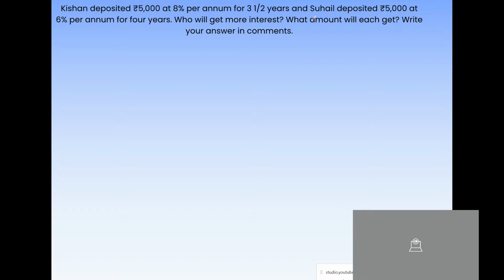So let's start then. Let's first calculate how much amount Kishan will get. So for Kishan, let's calculate. The same formula we will use. Simple interest is PRT over 100, where 100 has come from the rate of interest.